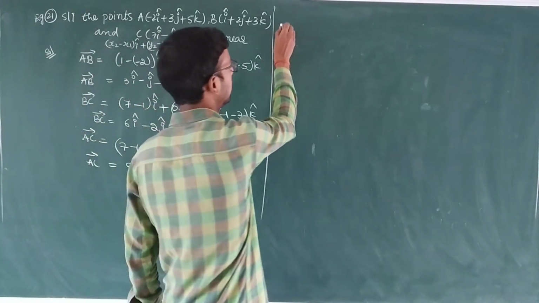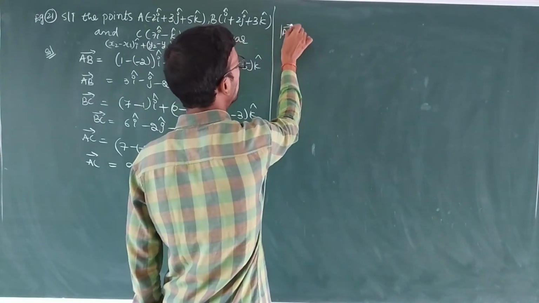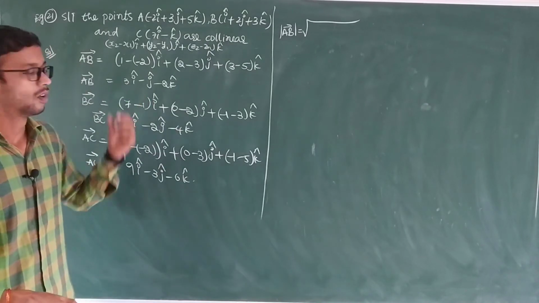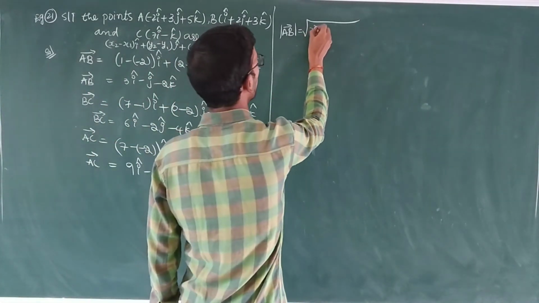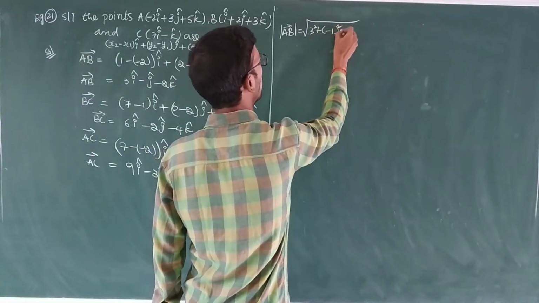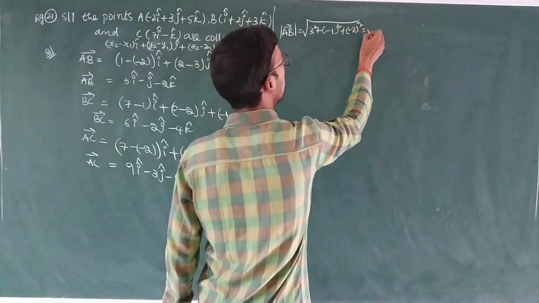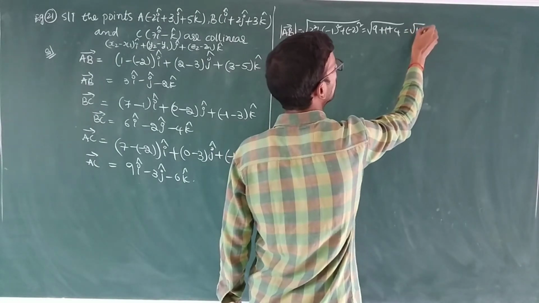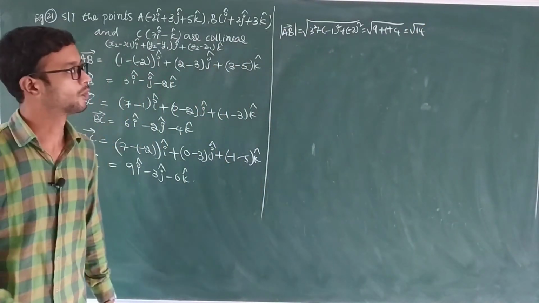Length of the sides is nothing but the magnitude. Magnitude of AB bar is equal to the square root of 3 square plus minus 1 whole square plus minus 2 whole square, that is 9 plus 1 plus 4, root 14.